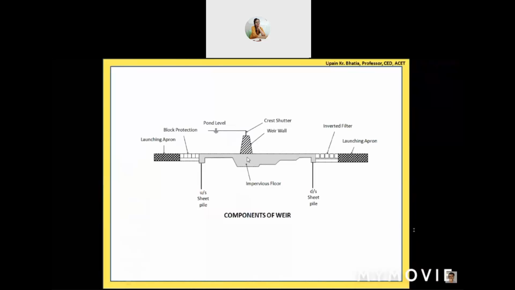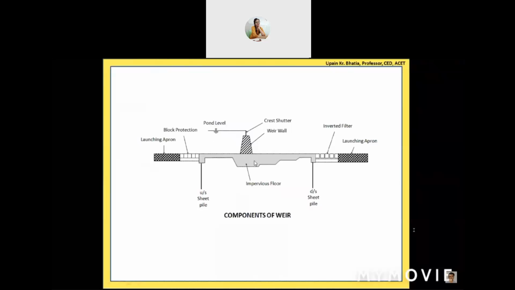Along with this floor, if you see, we have these two lines. And what we have written over here is, it is the upstream sheet pile and it is the downstream sheet pile. So obviously this is the impervious floor. On the left hand side, we have the pondage, we have the storage. So this is the upstream side of the weir and this is the downstream side of the weir.